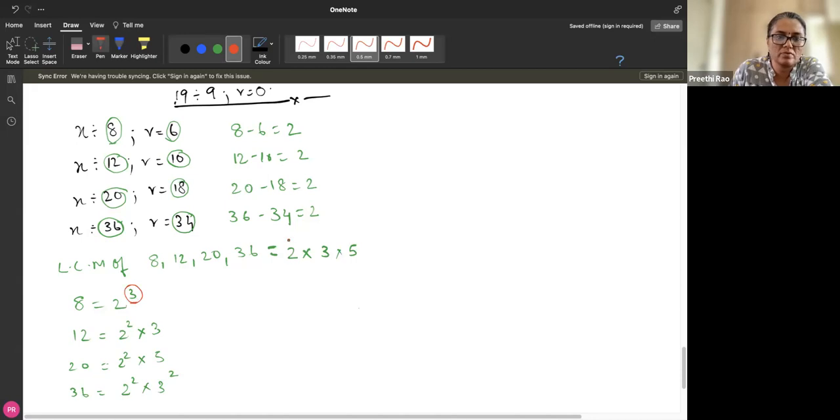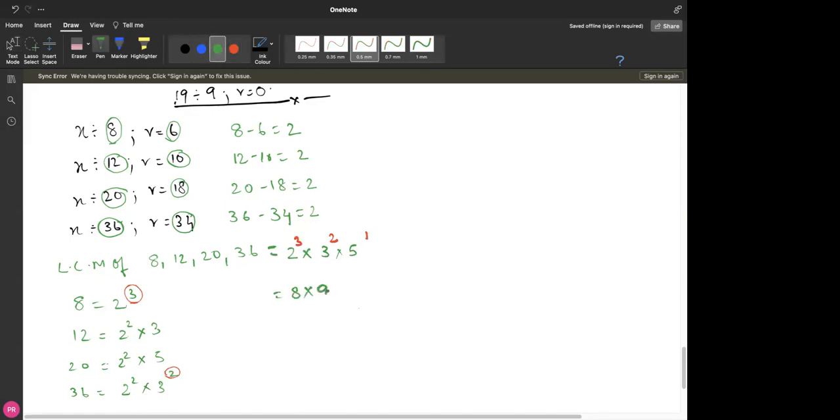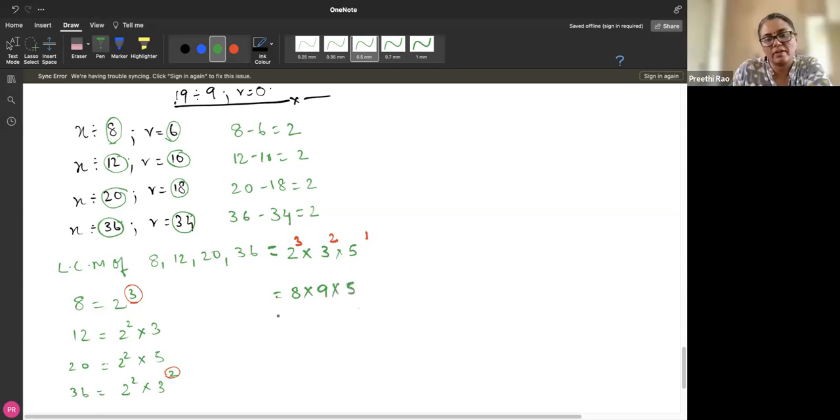Highest exponent of 2 is 3, of 3 is 2, and that of 5 is 1. So what is the answer? 2 cube is 8, into 9 into 5. Ma'am, 360. That is 360. Okay.